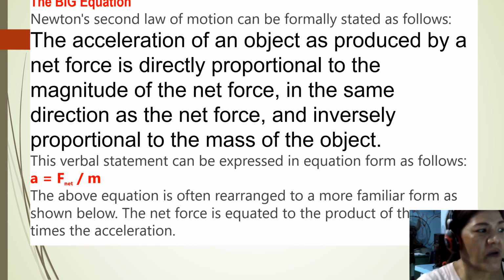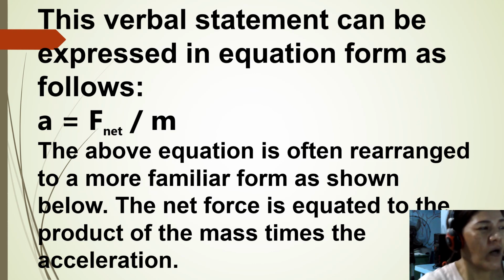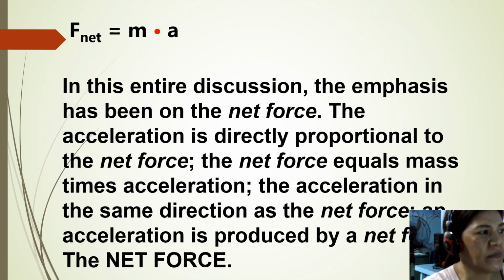Acceleration is equal to the net force over mass. The above equation is often rearranged to a more familiar form, as shown below. The net force is equal to the product of the mass times the acceleration. Net force is equal to mass times acceleration.